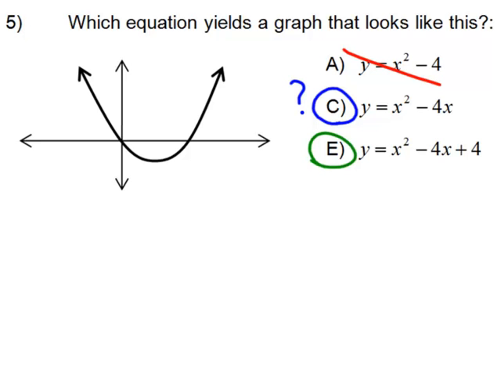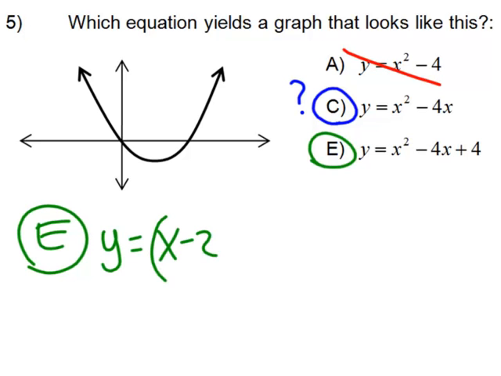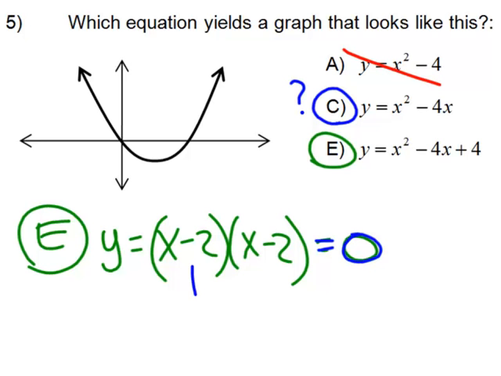Option E, same idea, let's factor that. That one factors into x minus 2 times x minus 2. That suggests that our x-intercepts, if I set this equal to 0, that suggests an x-intercept at 2, and this is just an identical x-intercept.